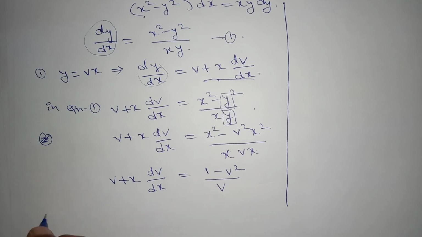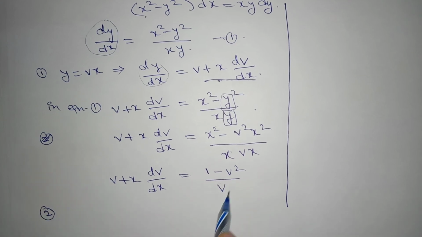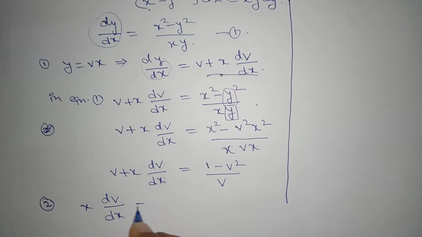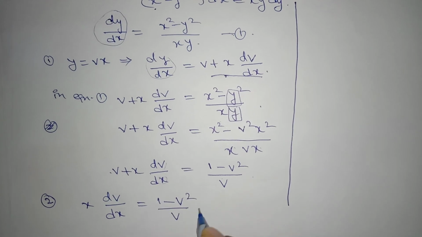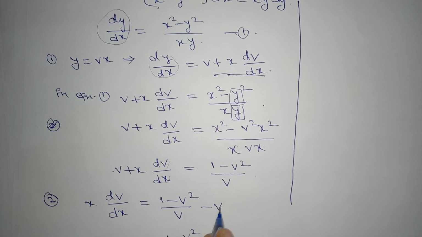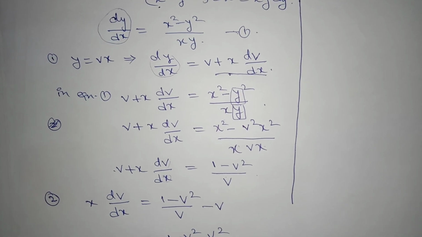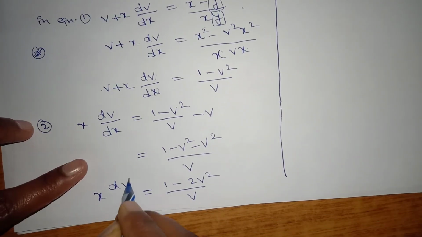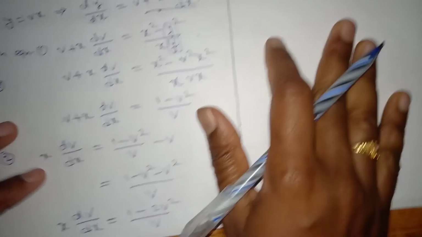Now using the variable separable method, we have to separate v and x terms. Now x dv by dx equals, taking this v towards the right hand side, (1 minus v square) by v minus v. This will be (1 minus v square minus v into v square) by v, which is (1 minus 2v square) by v, equals x into dv by dx.